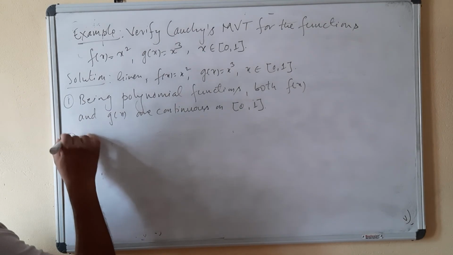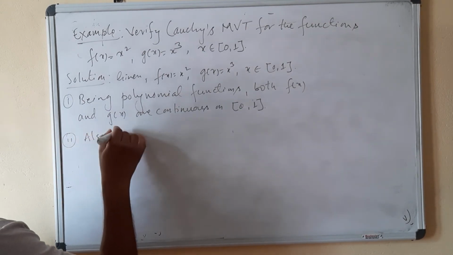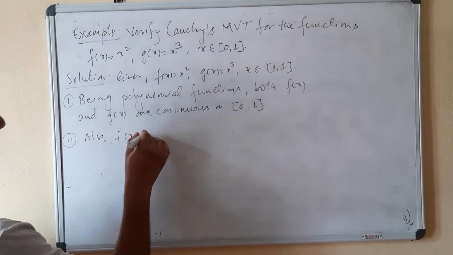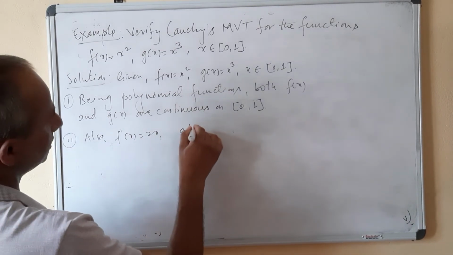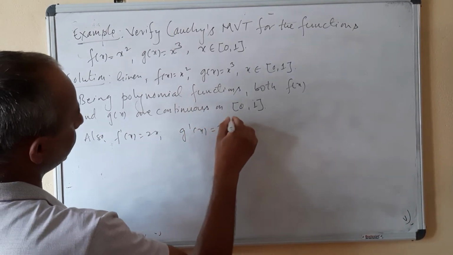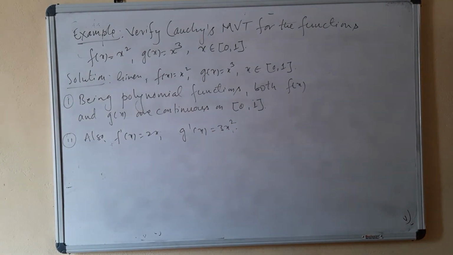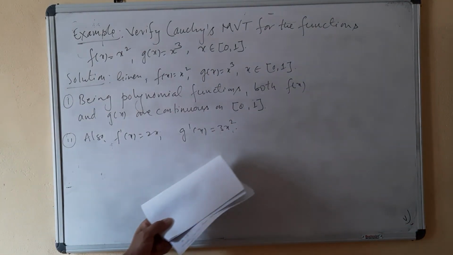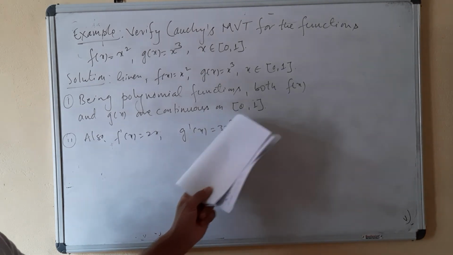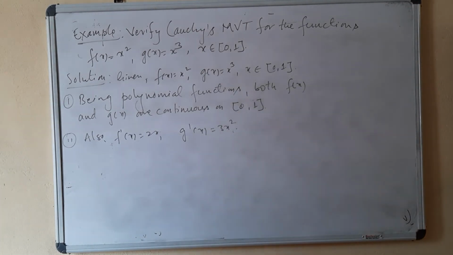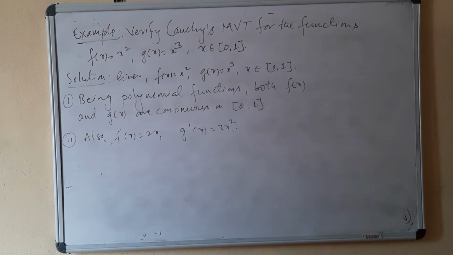And for the second one, we'll find a derivative. f dash of x equal to twice x, g dash of x equal to 3 x square. Both of the functions are differentiable, meaning f dash x and g dash x exist in the open interval 0 to 1. That means they do not turn out to be infinite or indeterminate within the interval.